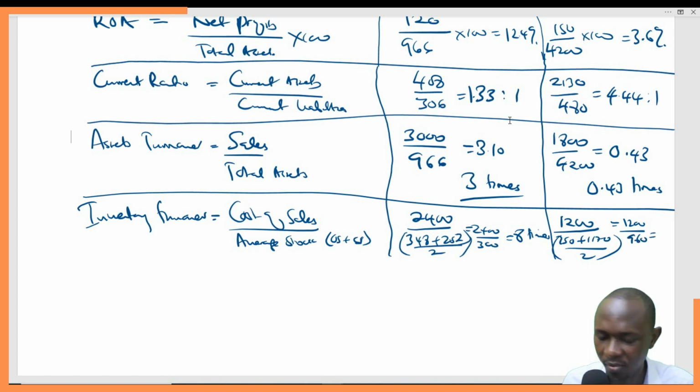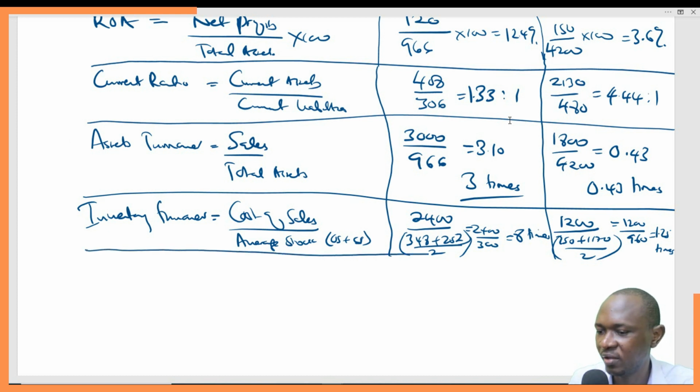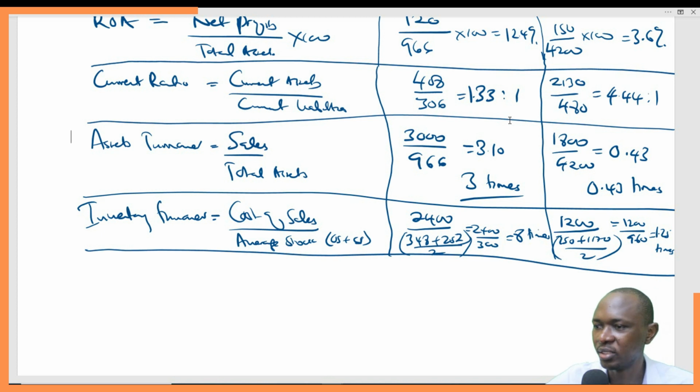So 1,200 divided by 960 is 1.25. The inventory turnover for Gold Traders is 1.25 times.